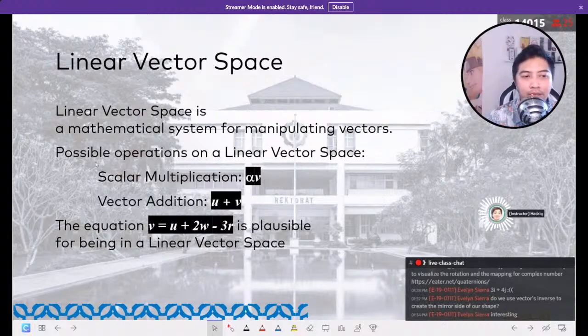And as long as the equation is derived from these two possible operations, then it means that this equation resides in the same vector space. Perhaps you say that this equation is different from the one that we saw above, because the above part is very simple.